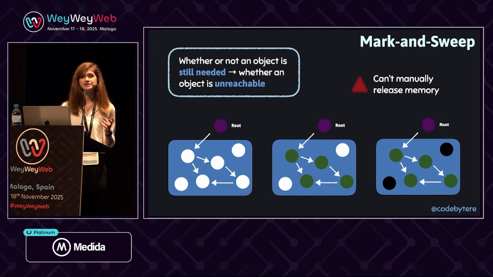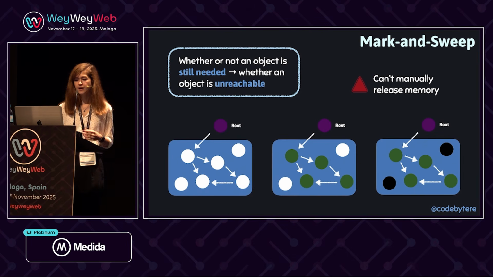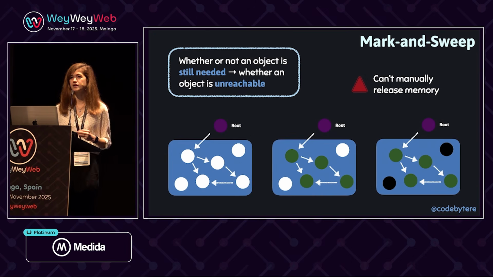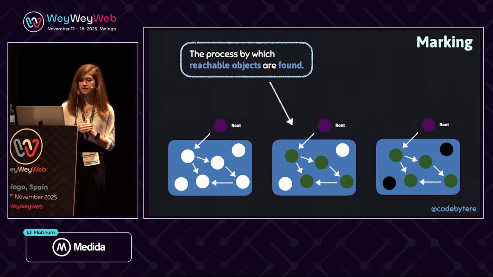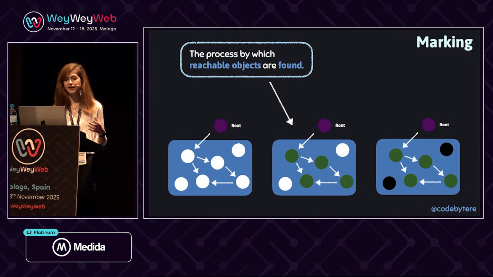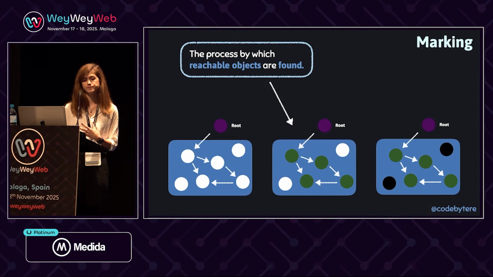Now, let's dive a little bit into how marking works in this process, where the algorithm identifies all reachable objects before moving on to the sweeping phase. In the marking phase, the garbage collector begins by identifying which objects are still reachable from the root.